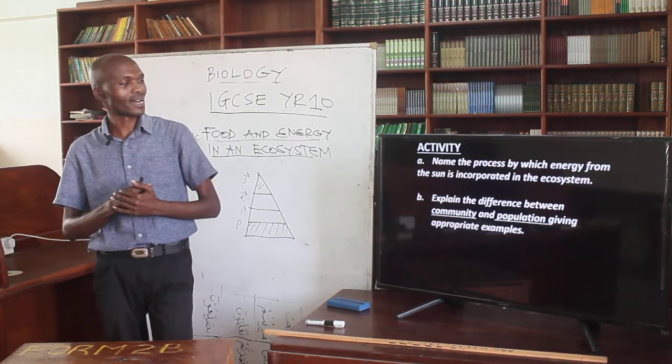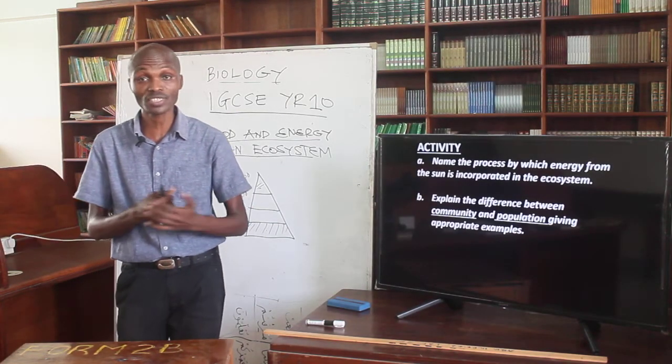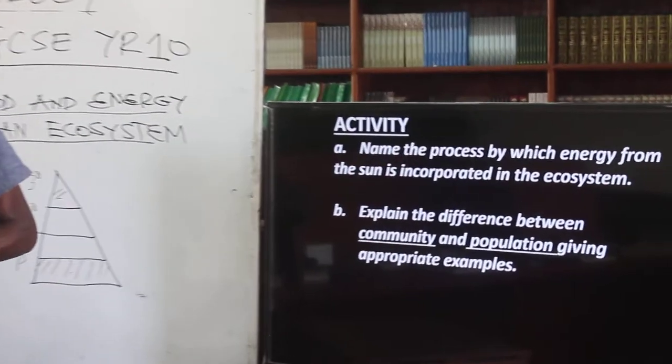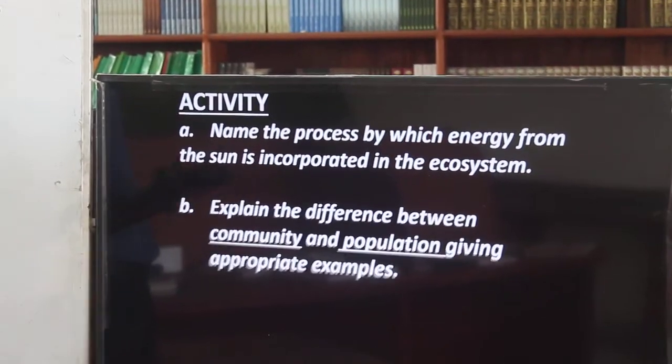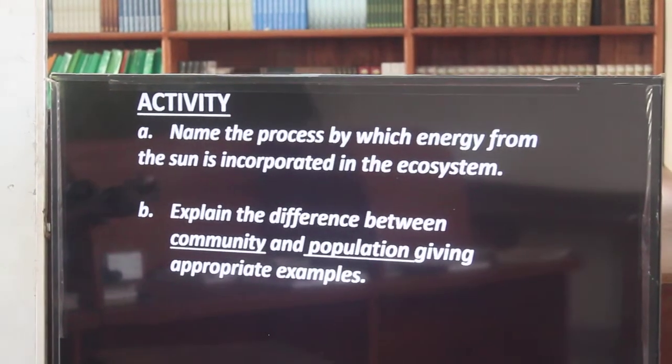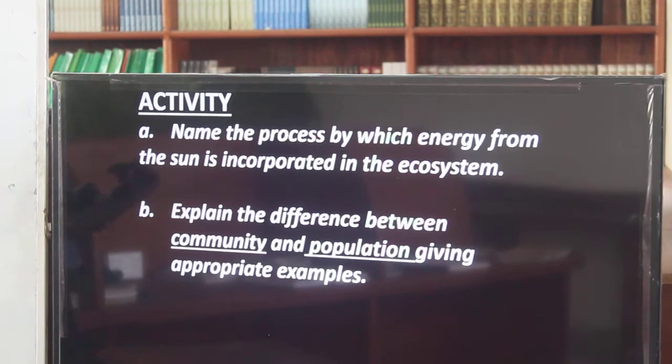Lastly, I'll give you some questions, some activity. I would want you to name the process by which energy from the sun is incorporated in the ecosystem, question number 1. And then part B, explain the difference between the terms community and population, giving appropriate examples.